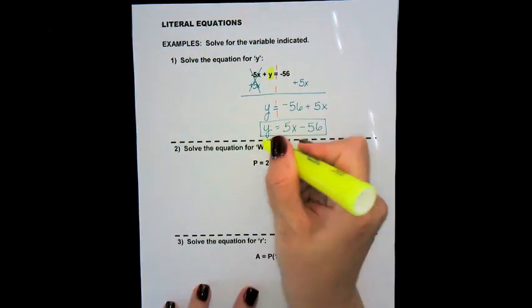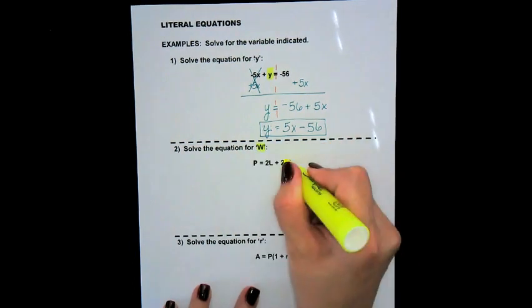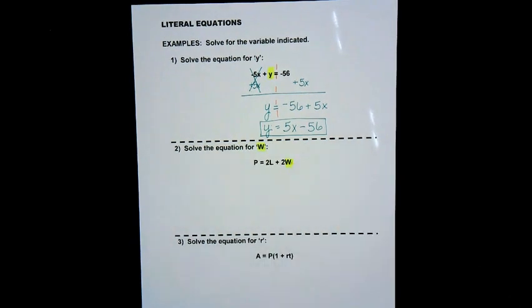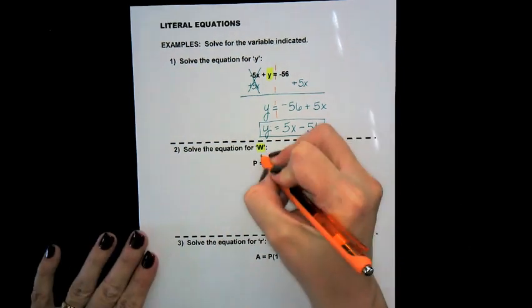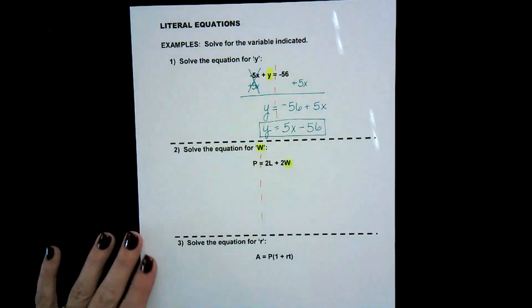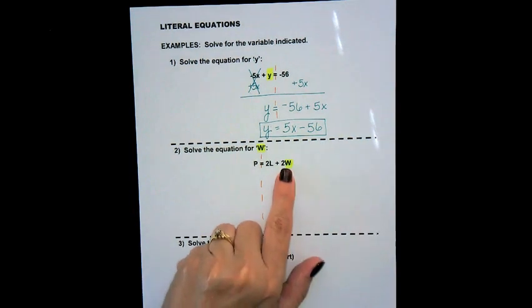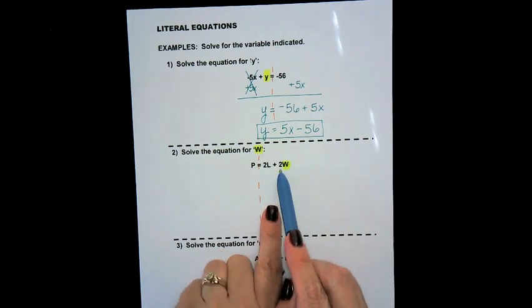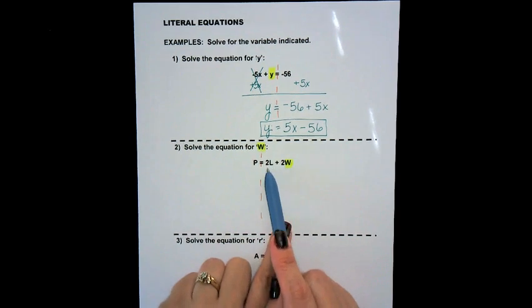We're solving the equation for w. That means we want the w by itself. Now, there are two things happening to this w. This w is being multiplied by 2. You can see that right there. And this w is being added by 2l.